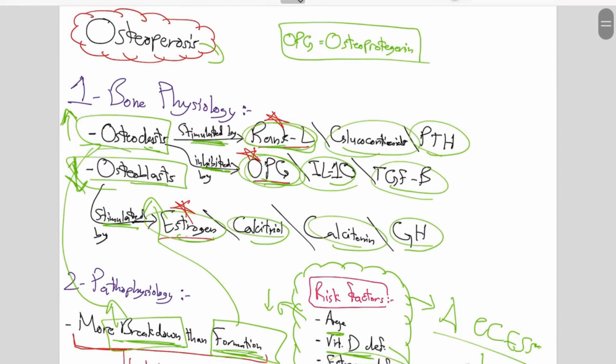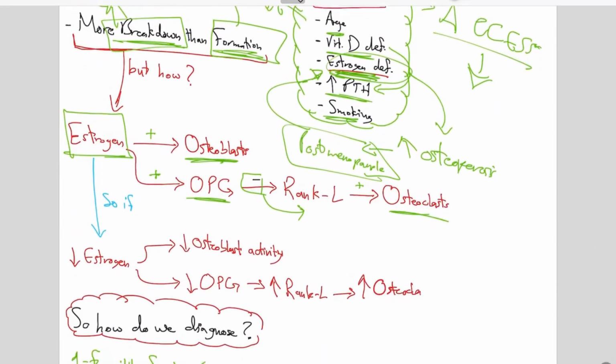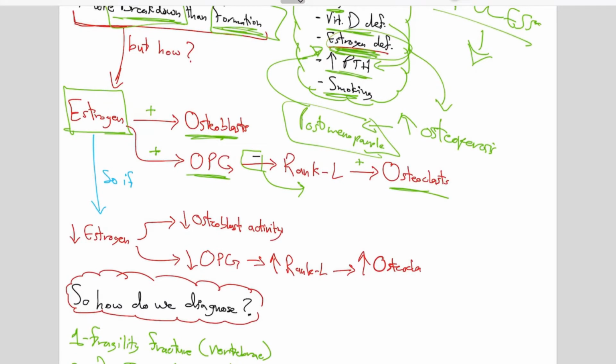It was the molecule that stimulates osteoclasts. So estrogen promotes osteoblast function, and it also promotes the formation of OPG. OPG inhibits RANK-L and decreases the amount of RANK-L in our body, which is a promoter of osteoclasts. So if you inhibit RANK-L, you're indirectly inhibiting osteoclasts. An increase in OPG means a decrease in RANK-L and a decrease in osteoclasts.